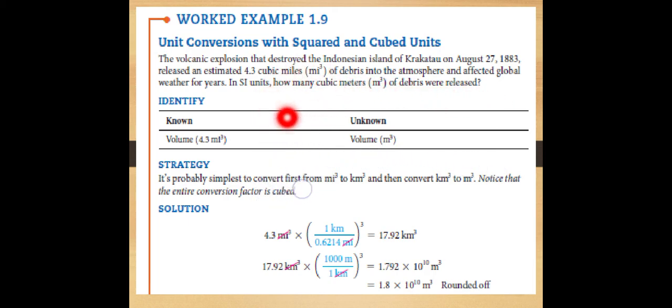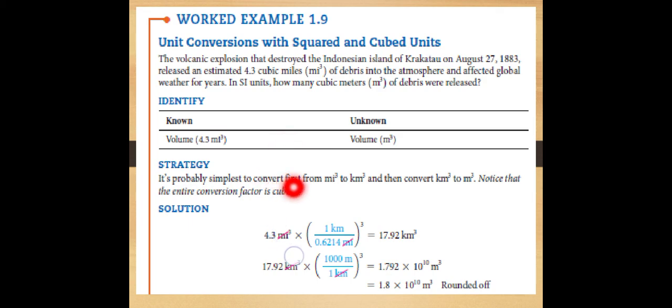We are provided with cubic miles, and we are asked to convert into cubic meter. So how can we do that? For example, we are given the conversion factor 1 kilometer is equal to 0.6214 mile, and we are provided with the quantity in mile cube, that is 4.3 mile cube.